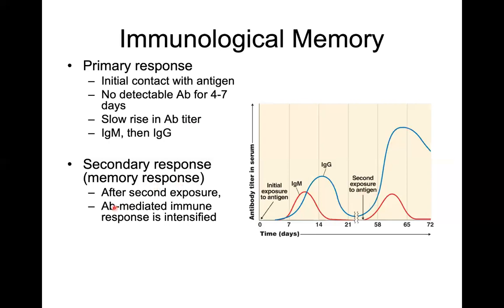So the antibody-mediated immune response is intensified. You can see a massive spike in the IgGs, and you get a faster, longer, more intense response from your immune system the second time around upon previous exposure. So this is the basis for vaccinations, so that at an early age, you can be exposed to something in a weak version of whatever that antigen is.